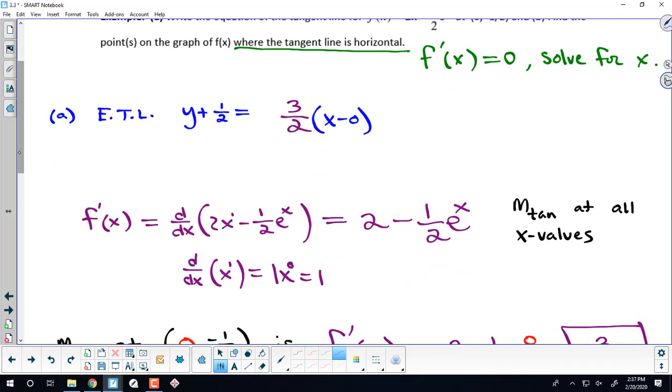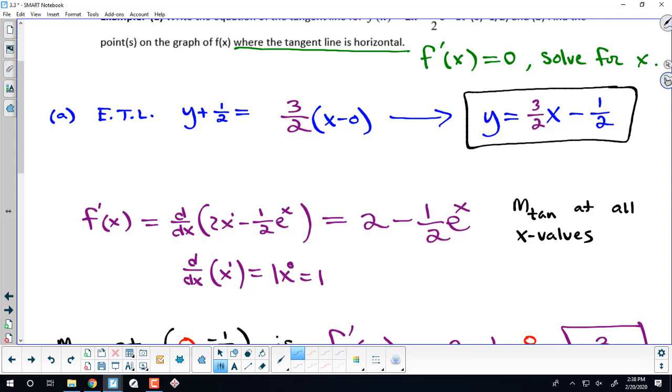Any other questions? Equation of the tangent line on that function. Just solving this for y, y equals 3/2 x minus 1/2. It's the equation of the tangent line.